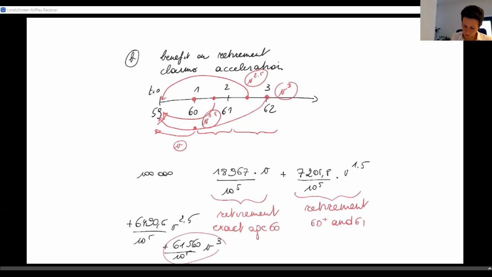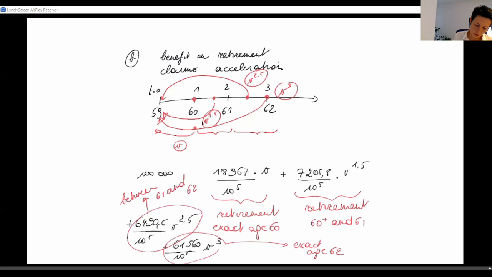So that was at exact age 62. And this refers to the part of retirement between 61 and 62 minus. All right. So taking all of that into account, I can value this benefit on retirement.